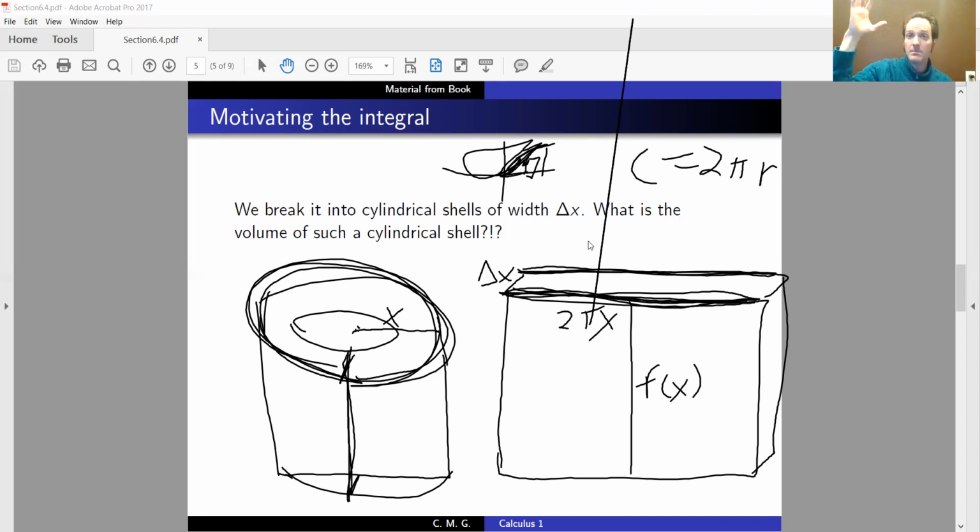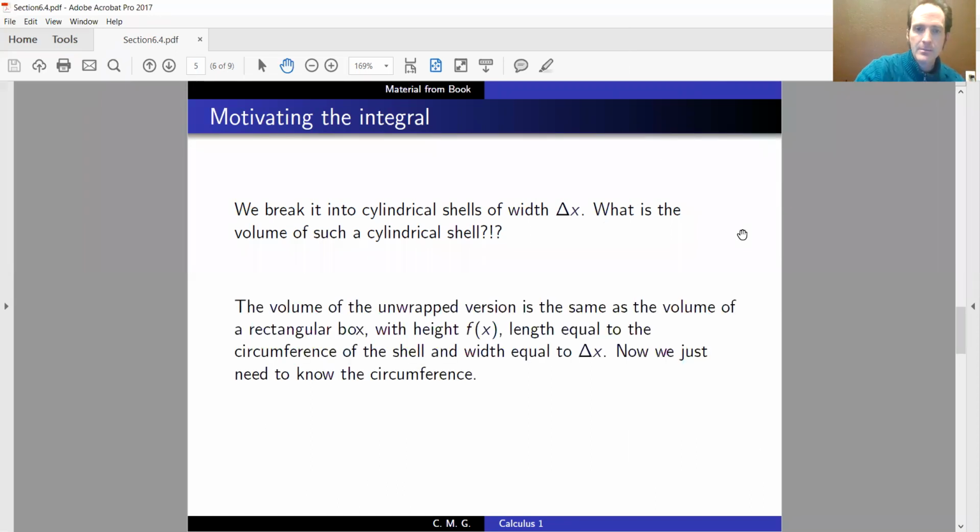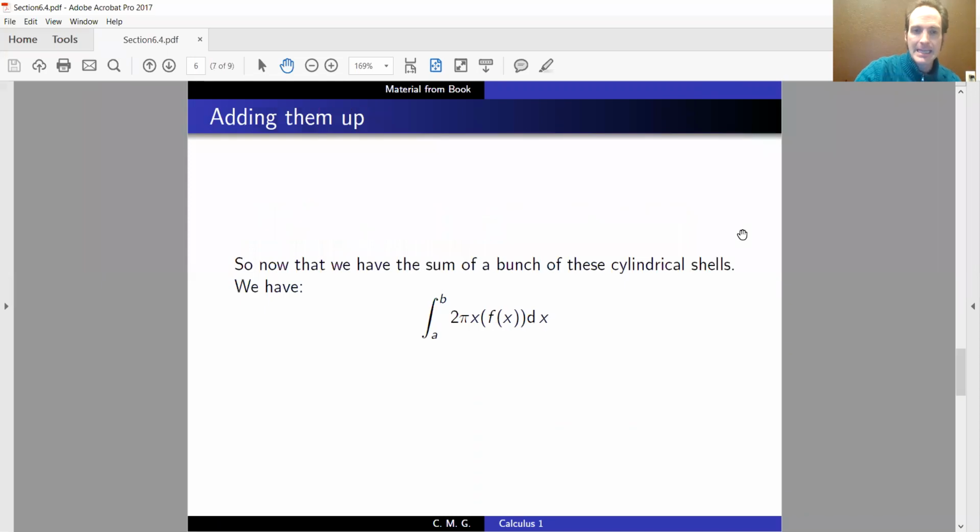Okay, now putting this all together, what is it that I get? I get the sum of all of these cylindrical shells and their volumes. So I get the integral from a to b of 2 pi x f of x dx.